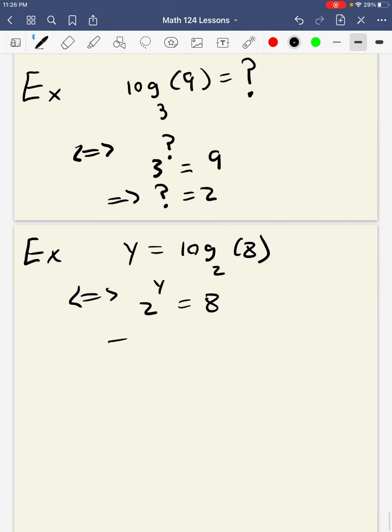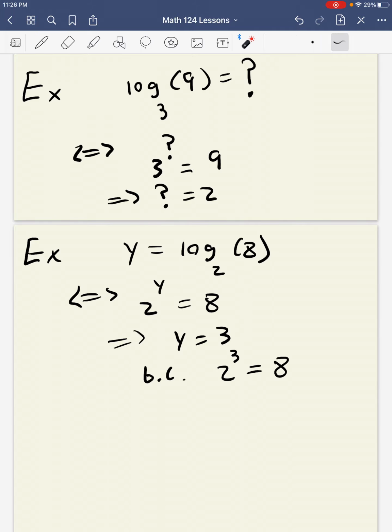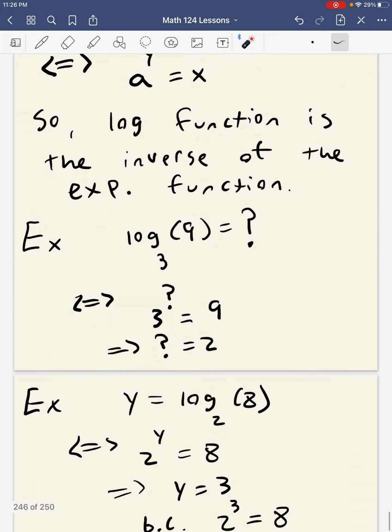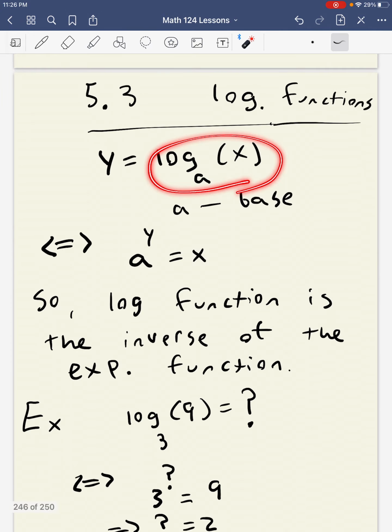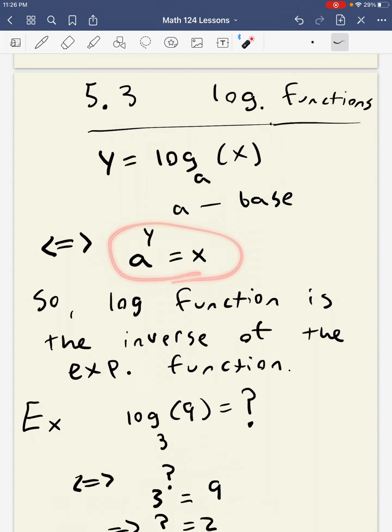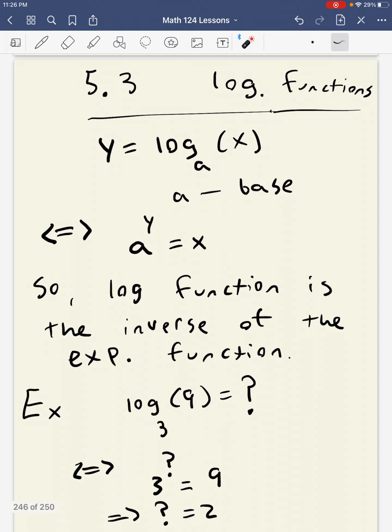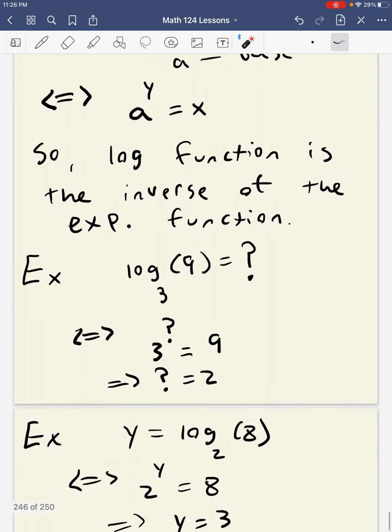Just a little bit of thought, you can figure out that y must equal 3 because 2 raised to the 3 equals 8. Right, so the logarithm actually equals an exponent. The logarithm equals the exponent needed to solve this equation. And that's because the logarithm is the inverse of an exponential function.